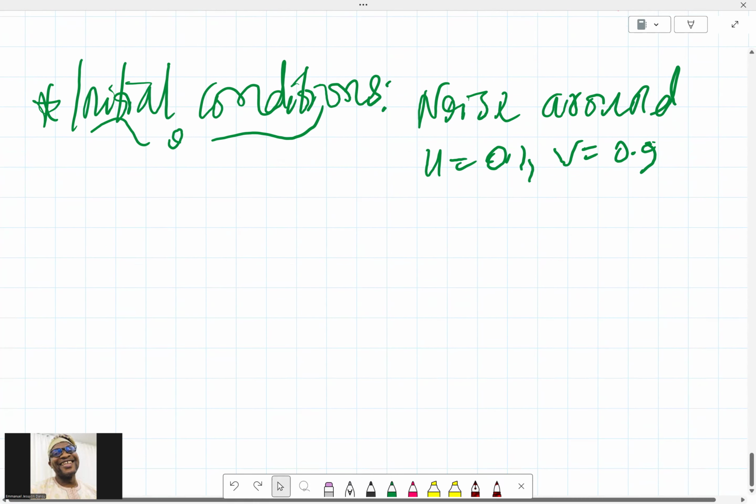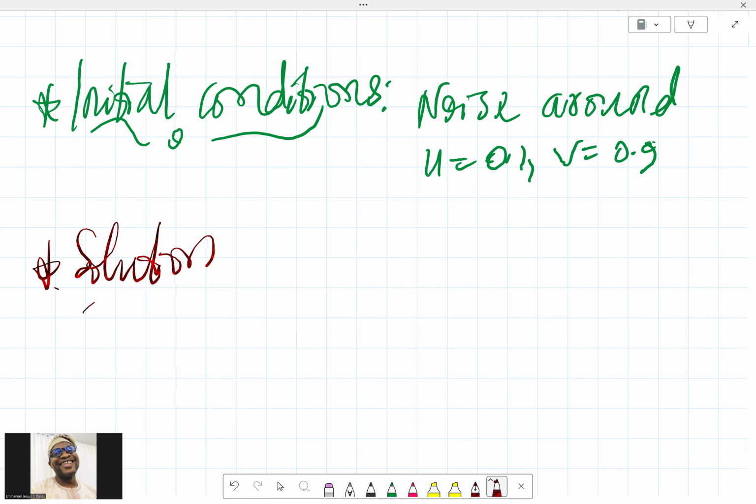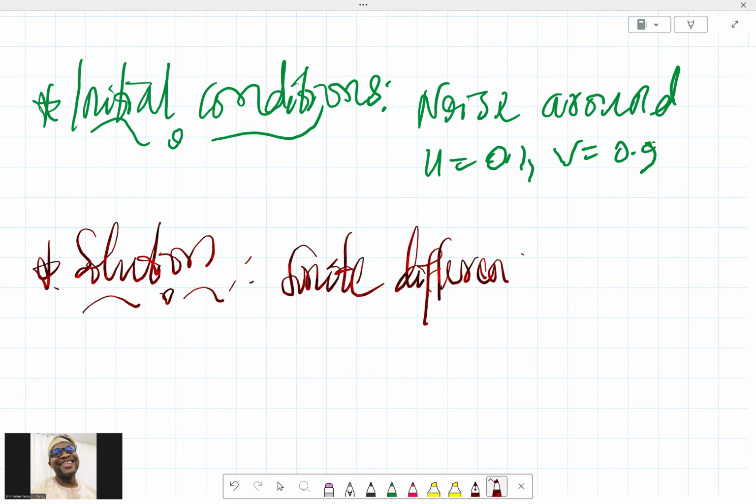Then we talk about the solution itself. How do we solve that? Finite differences are useful here, with delta t equals 0.05 in 5,000 steps.